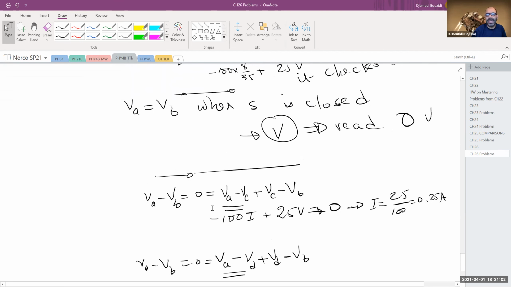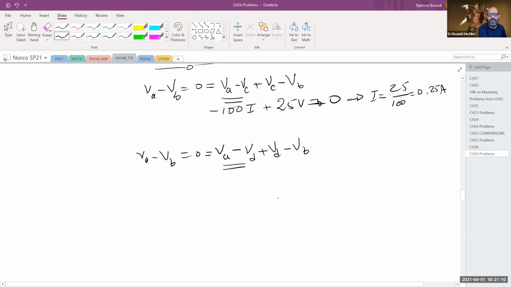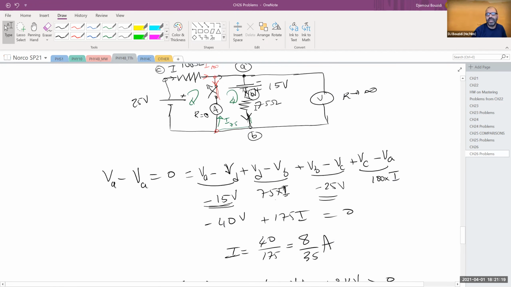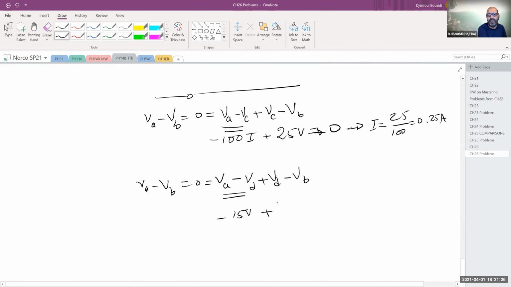This one, we're dropping by negative 15 volts because we're actually rising, plus now we're actually dropping from D to B by this current, which we don't know its value, I75 times the 75 ohms. So 75 times I75 must be equal to 0 because now the 2 points have been short-circuited. This gives me an equation for the current that is running through it, which is 15 over 75. And 15 over 75 is what?